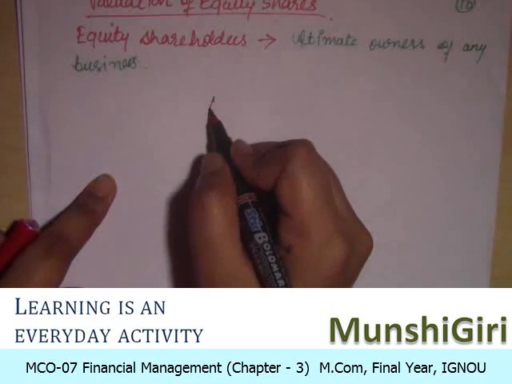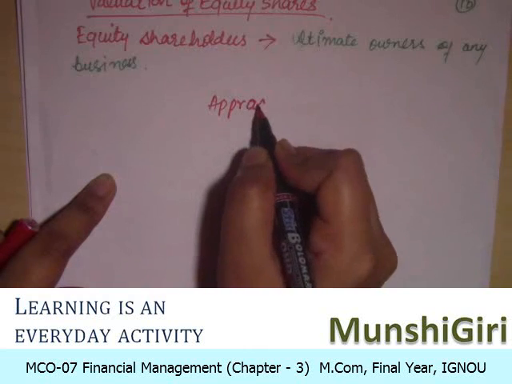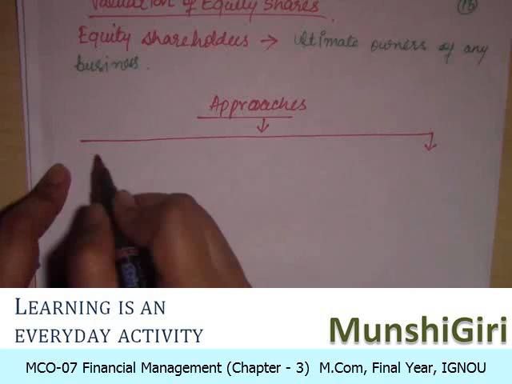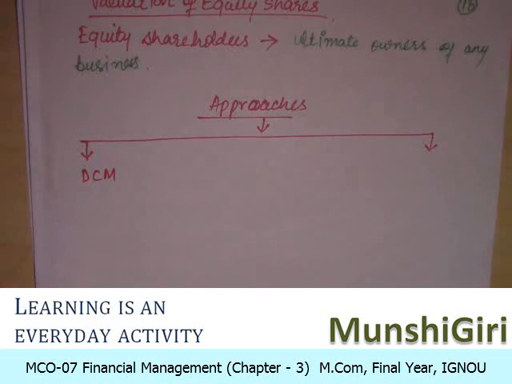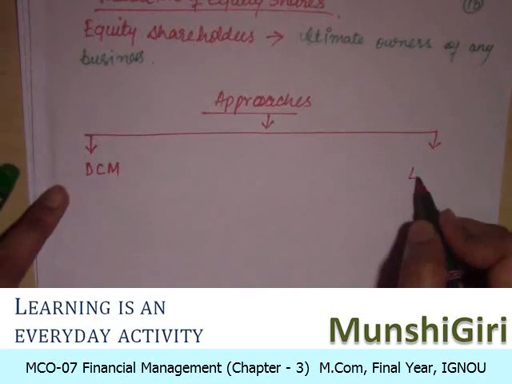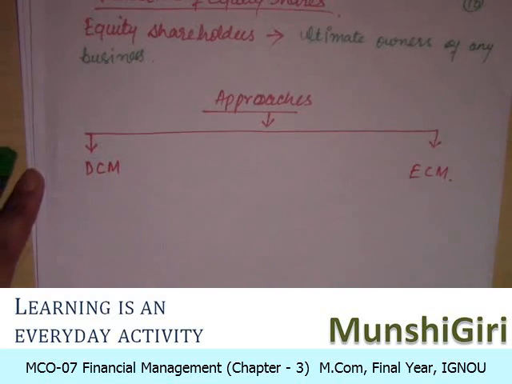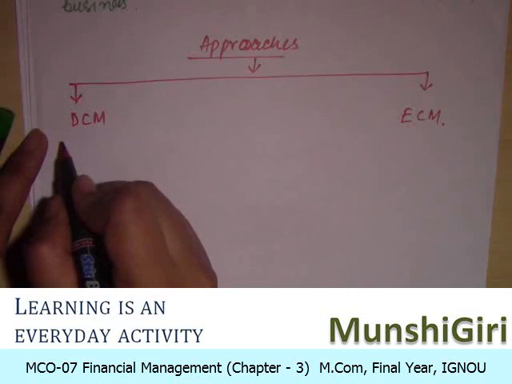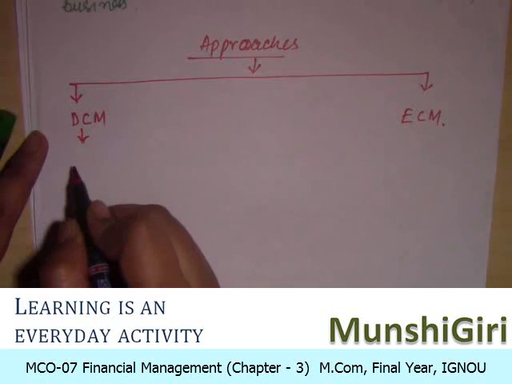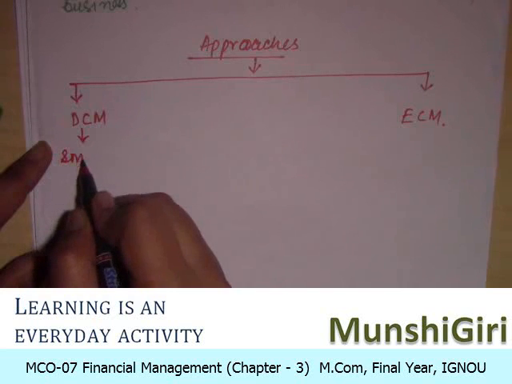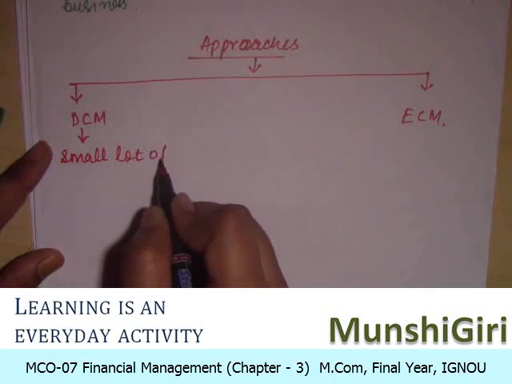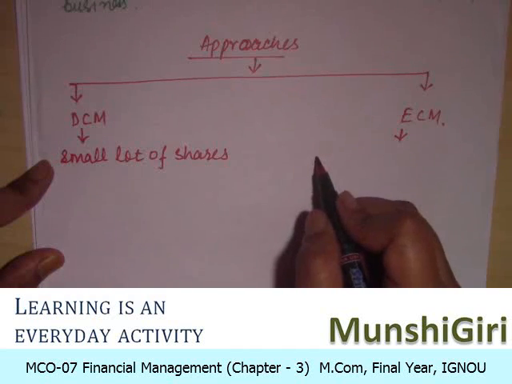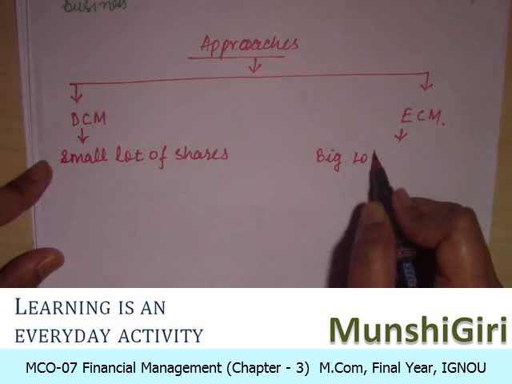The approaches for valuing equity shares are DCM and ECM. DCM is dividend capitalization method, which is used for valuing a small lot of shares. And ECM is earning capitalization method, which is used for valuing a big lot of shares.